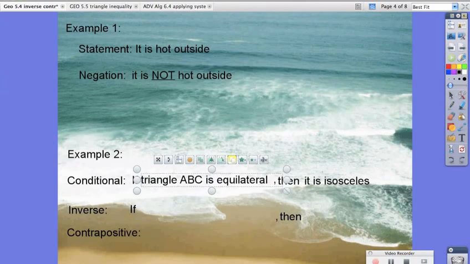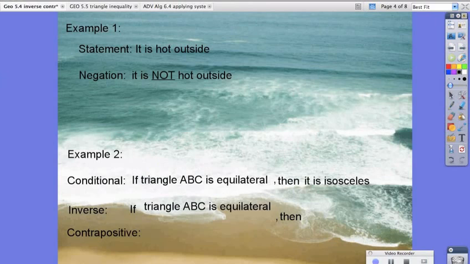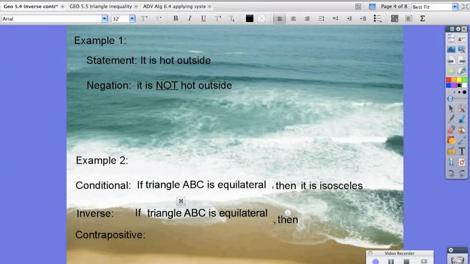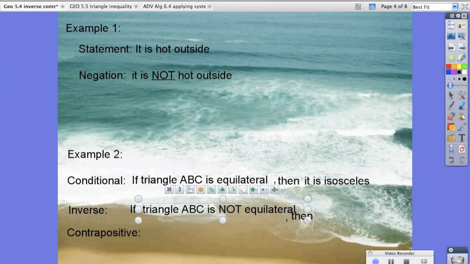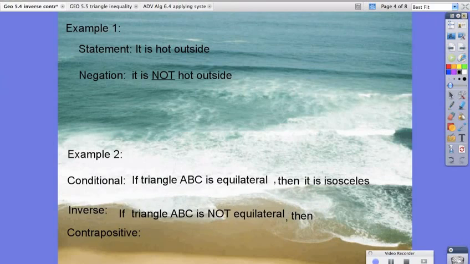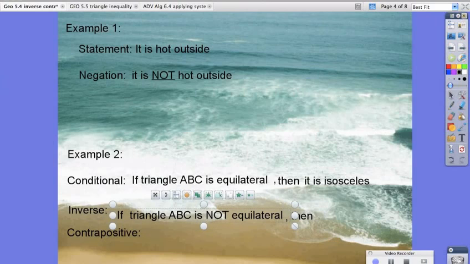We're going to copy it, and the only thing we're going to do to it is add the word not. So notice the only thing we did is add the word not, and then it is isosceles.